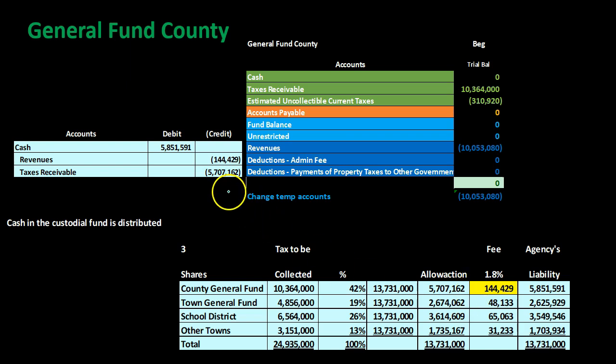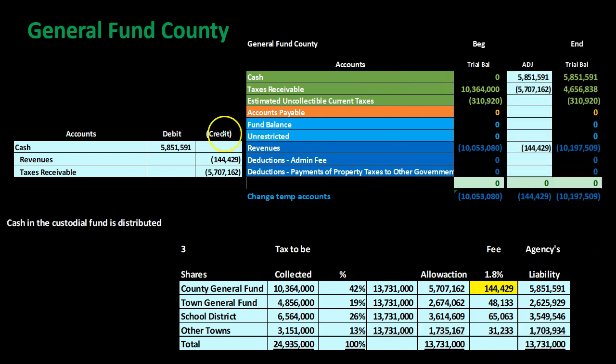So the total receivable they get then is going to be, the cash they're going to get is the $5,851,000. That minus the revenue is going to be decreasing the receivable that we had on the books of the $10,364,000.